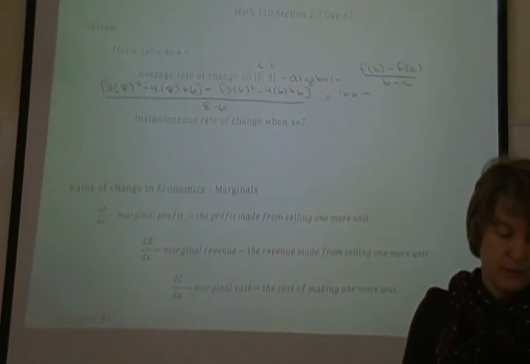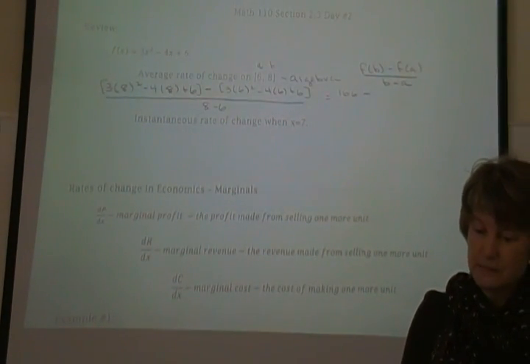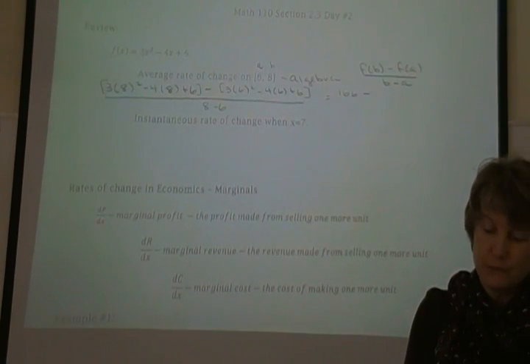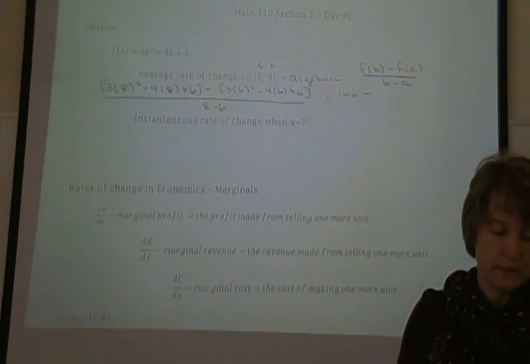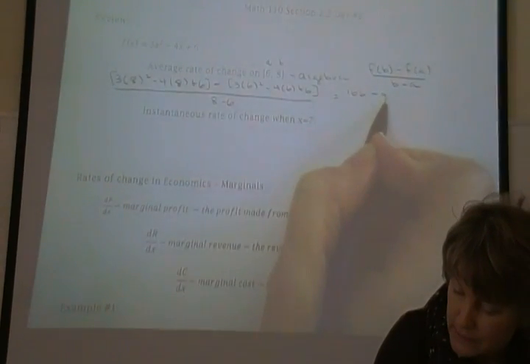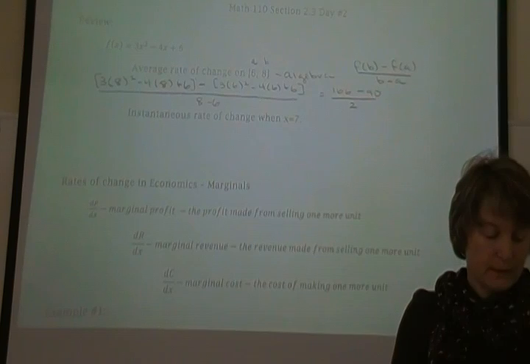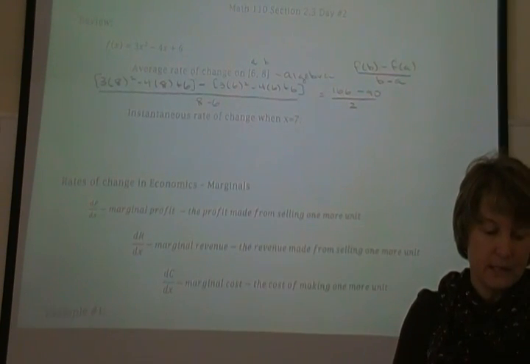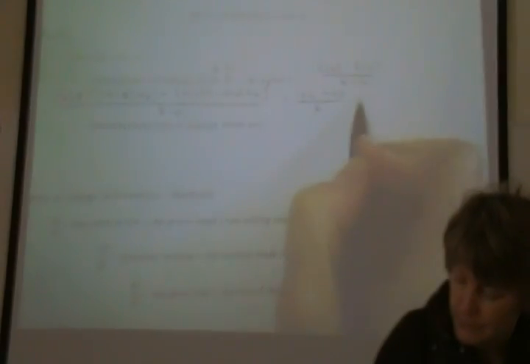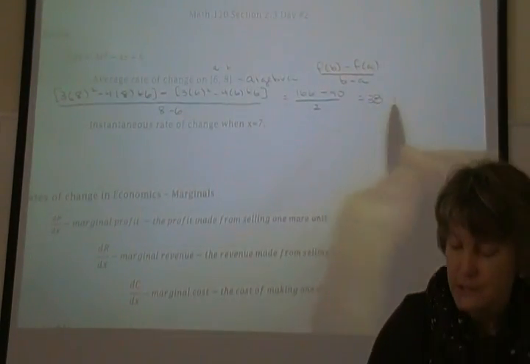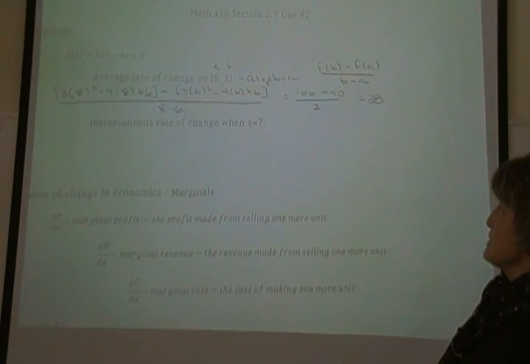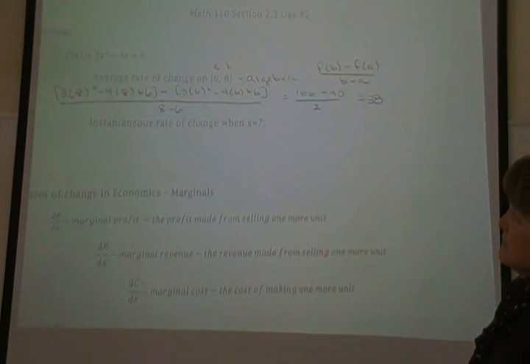And then I have 3 times 36 minus 24 plus 6, which is 90, all over 2. And 166 minus 90 divided by 2 looks like 38. So the average rate of change in this function is 38.